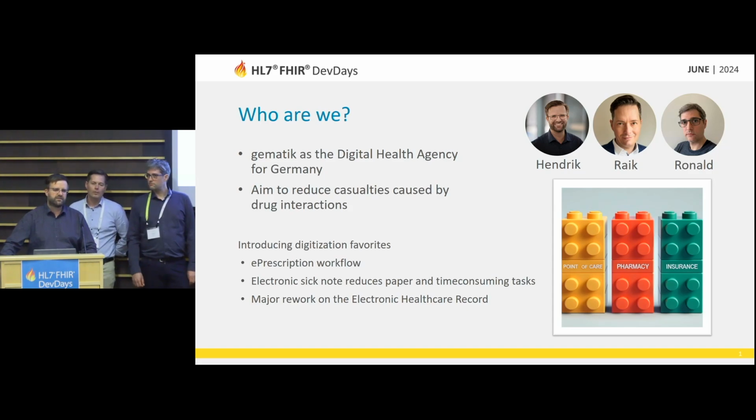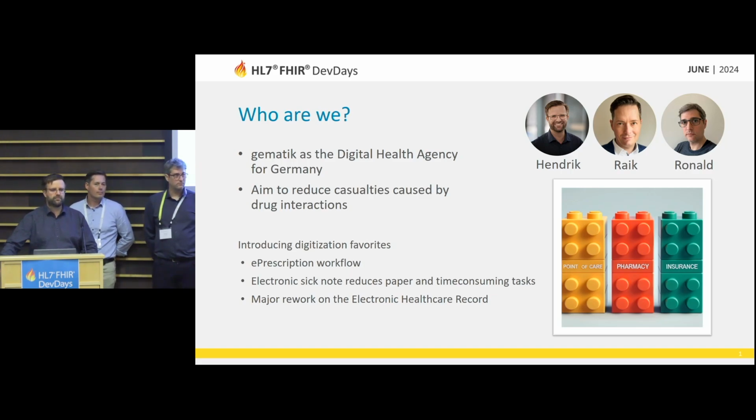But only since the COVID pandemic and the upcoming FHIR expertise, we built some very good digital applications. One is the e-prescription that is now in production in Germany, in wide use for only several months.